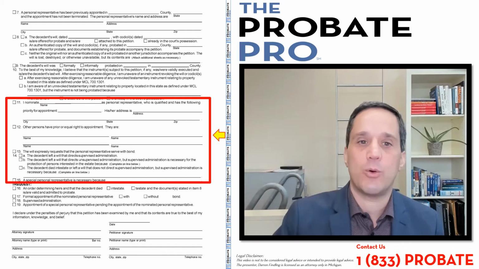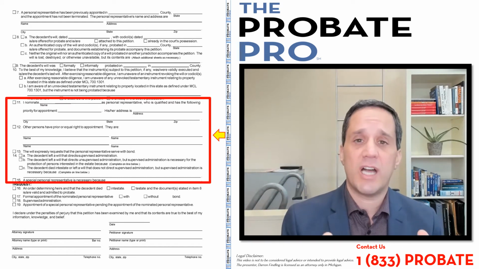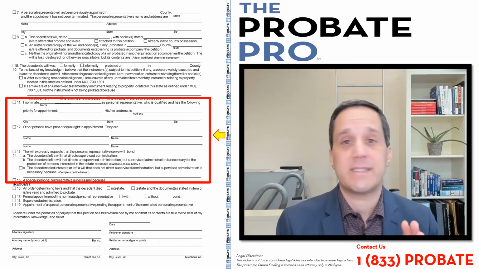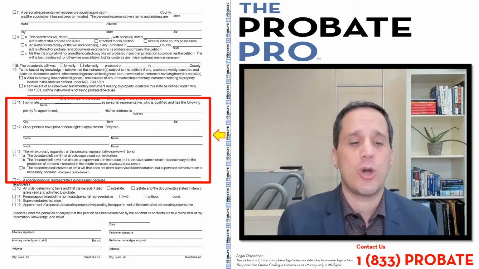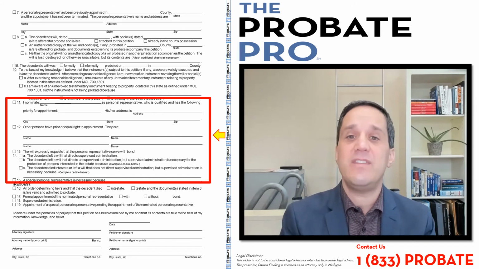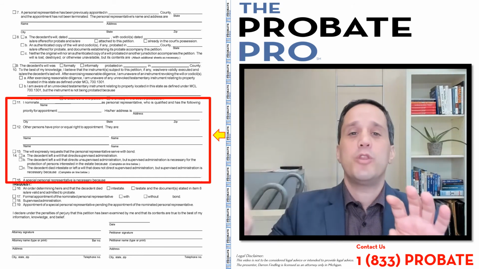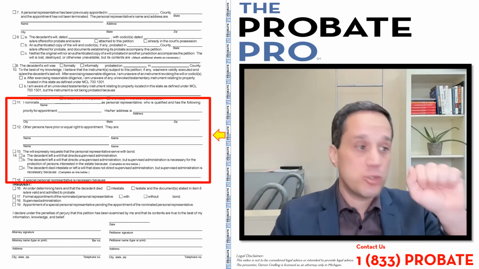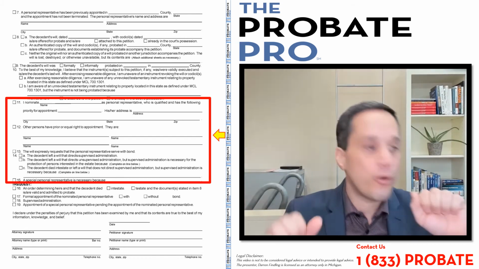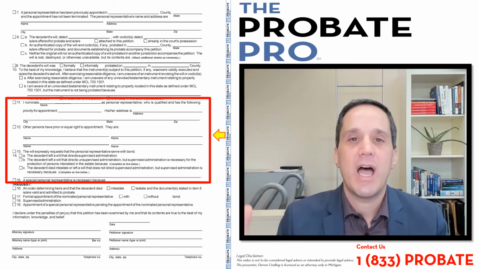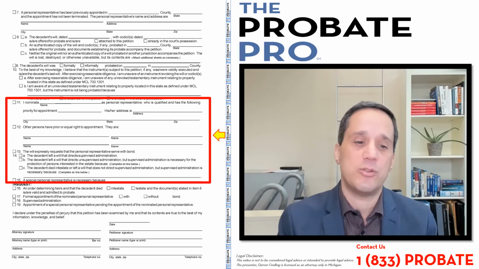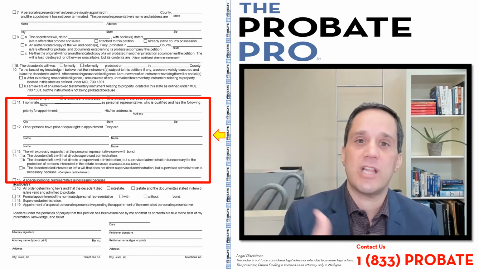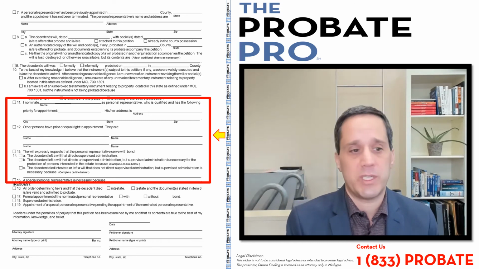And then there is a pecking order, a prioritization statute that dictates who has order based on their priority, based on if there's a will or no will, based on if they're the surviving spouse or children and so on, and how to deal with ties in the event, for example, the decedent died with no spouse, no will, and 4 children. 2 want one person, 2 want the other, or 3 want one person and 1 wants the other. How does the court make that decision based on the statutes? And again, statutes and case law give an explanation of how to address those particular issues.